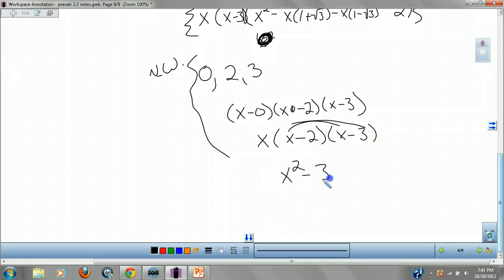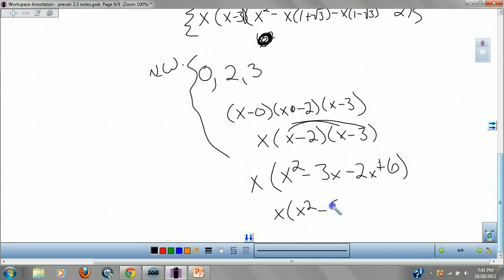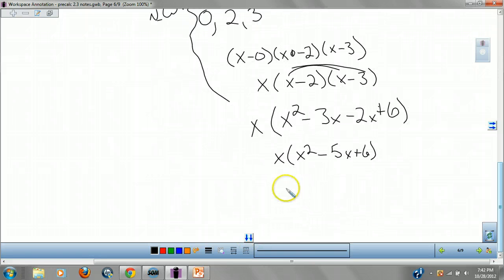X squared minus 3x minus 2x plus 6, all times x. So you get x times x squared minus 5x plus 6. So we get x cubed minus 5x squared plus 6x.